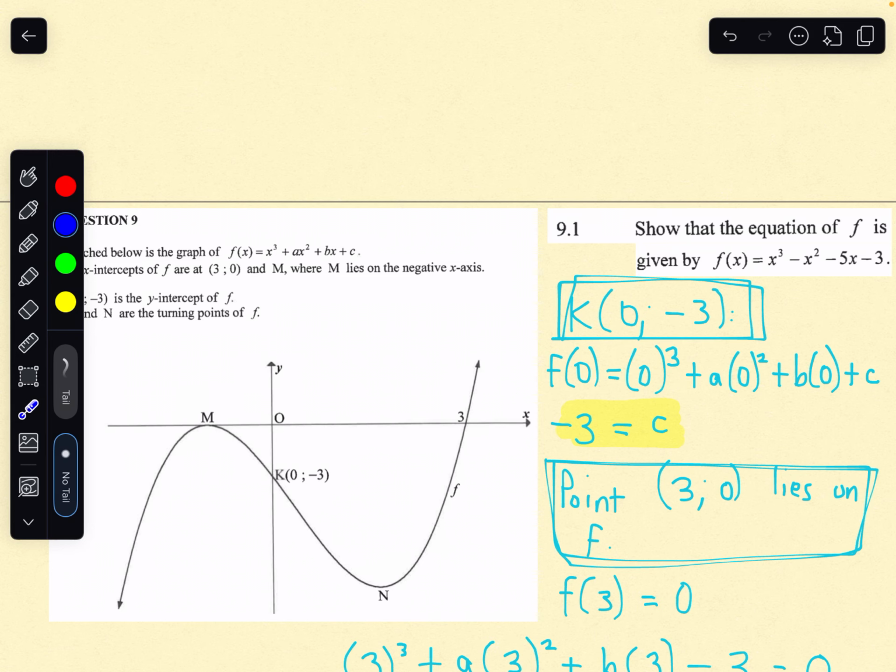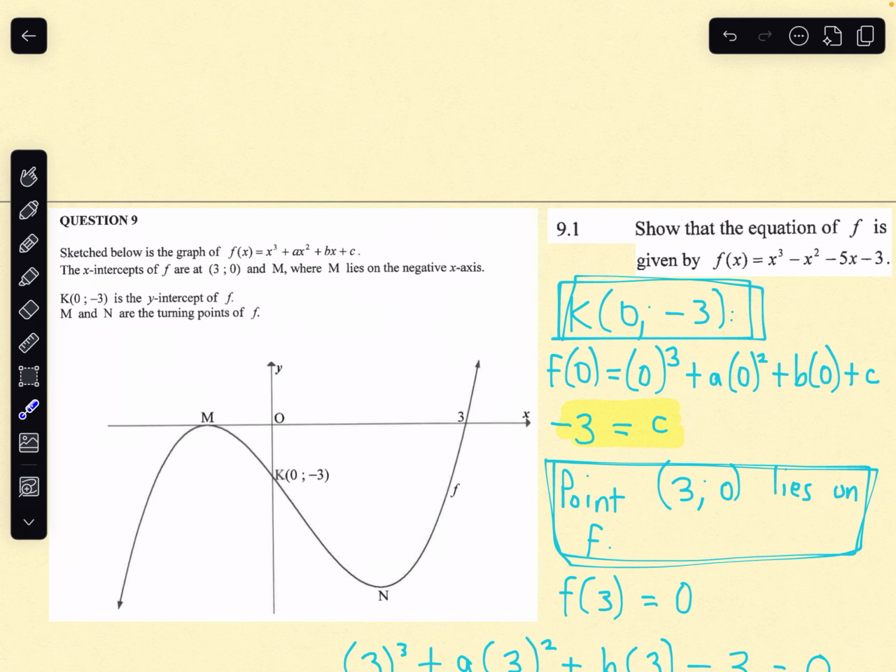So we have the x-intercepts of f at 3, 0, and I don't know.